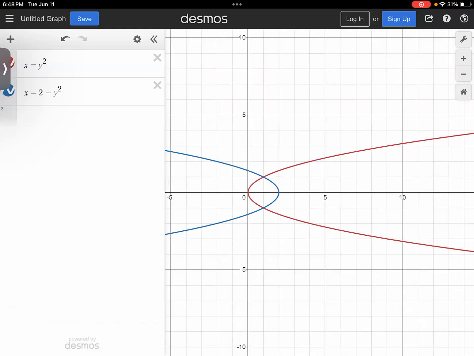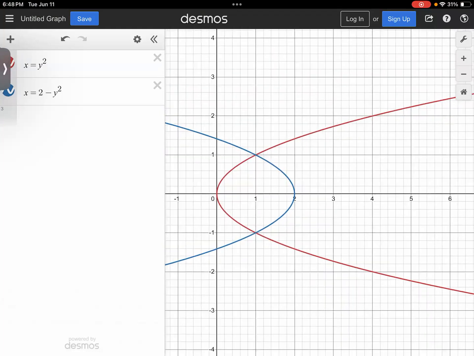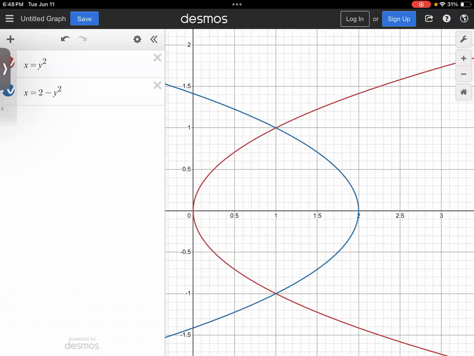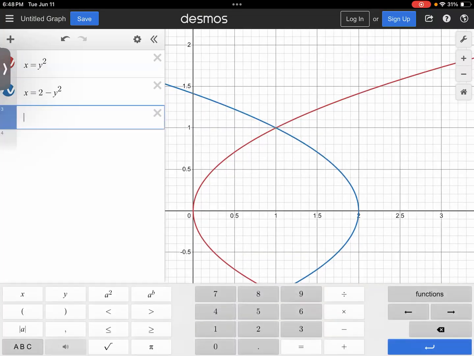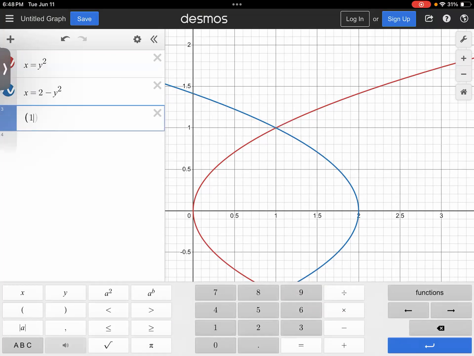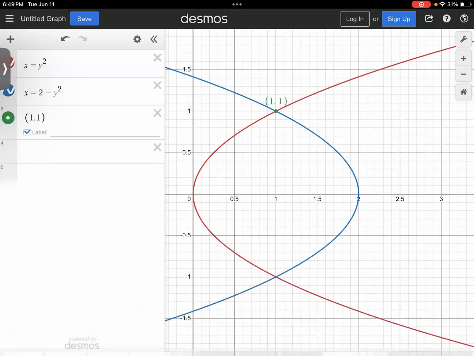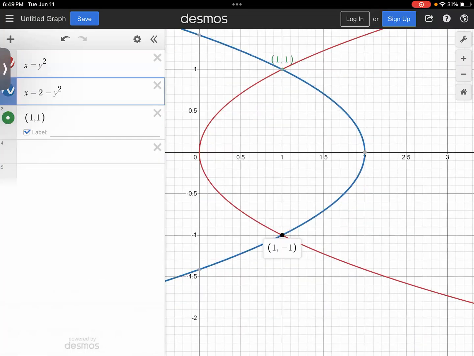Okay, so here we go. We have this little intersection here at the point 1, 1, and at the point 1, -1.